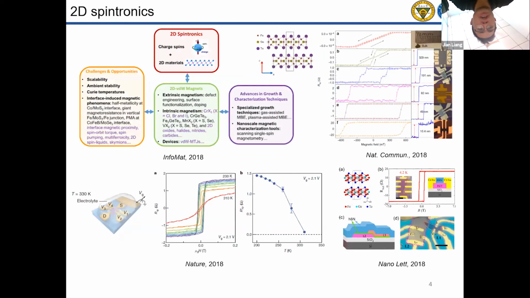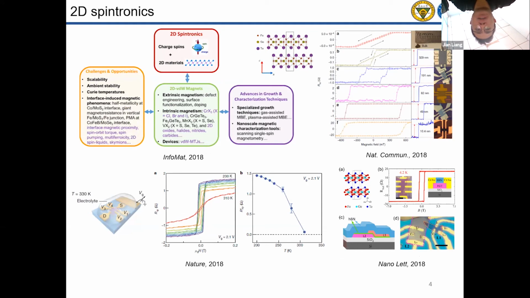A few decades ago, Mermin and Wagner's calculation predicted that there is no long-range ferromagnetic order in 2D systems. Physicists have debated this question for decades.